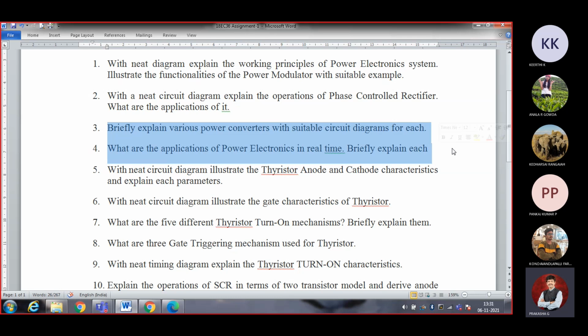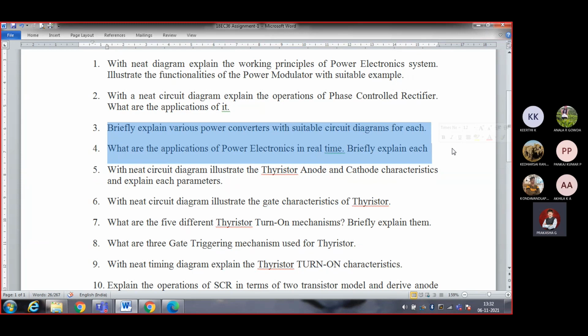I have shared two images, that is SCR characteristics and rectifiers and all. Concentrate on them also, so that you can easily write your assignment.